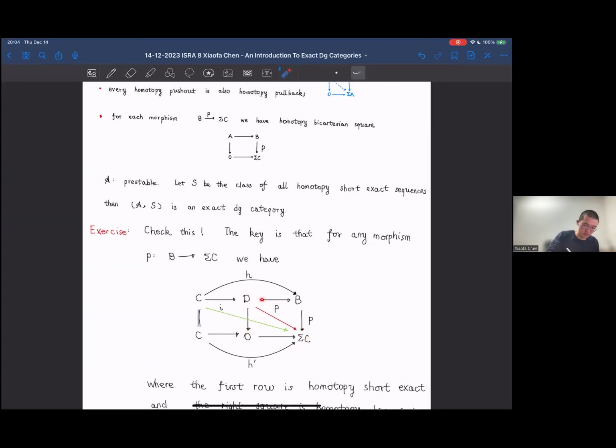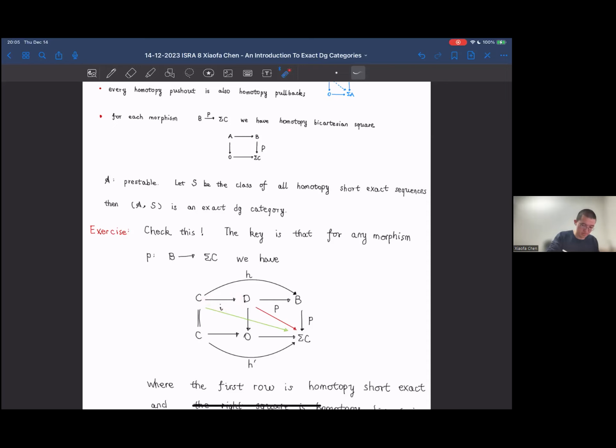This is homotopy bicartesian. And then by the universal property of this one, this is in particular a homotopy pullback, and we can take 0 here. Then by the universal property of the homotopy pullback, we can form such a diagram.